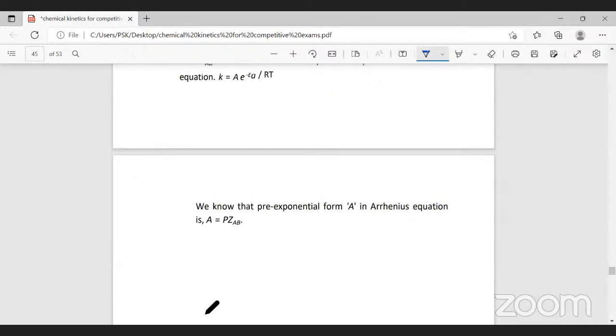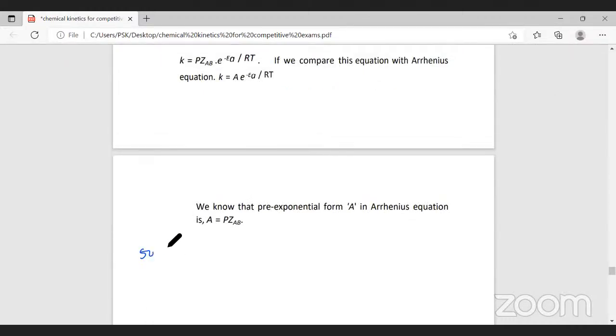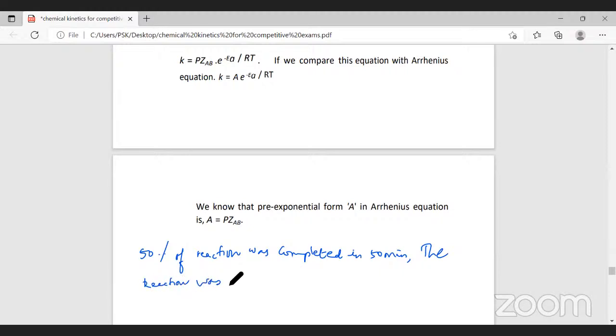The question is this: 50% of the reaction was completed in 50 minutes. The reaction was found to complete in 100 minutes.